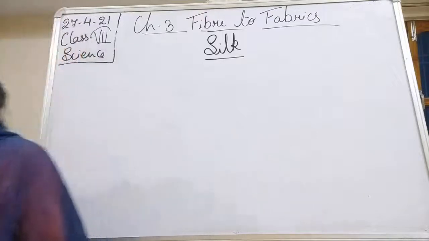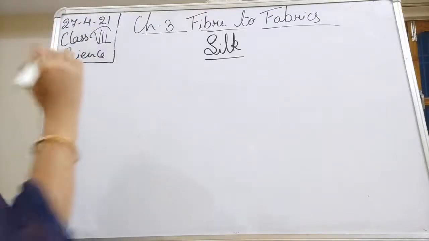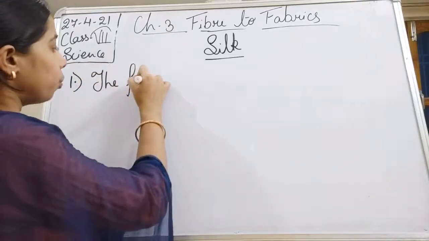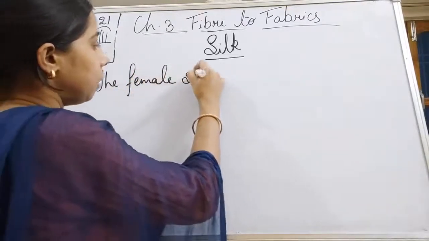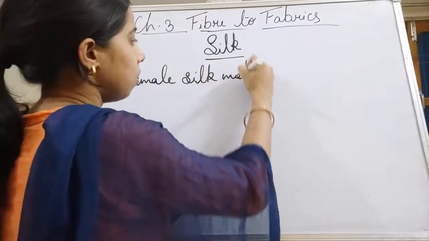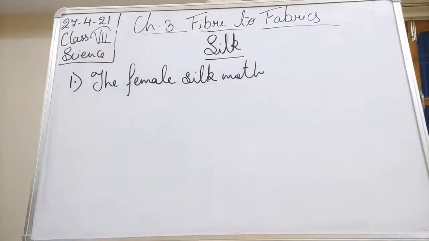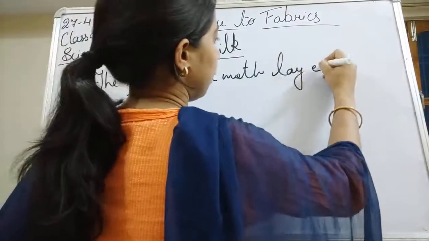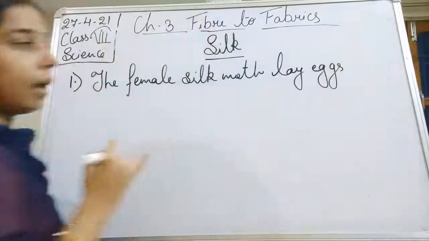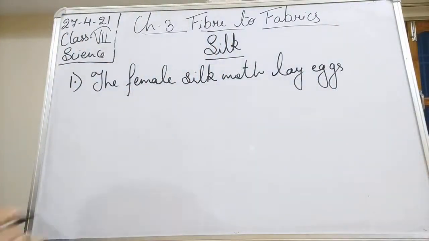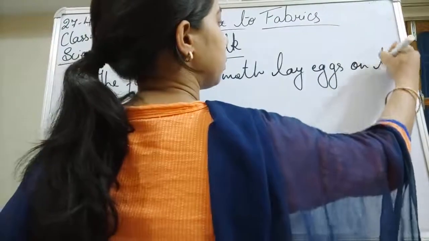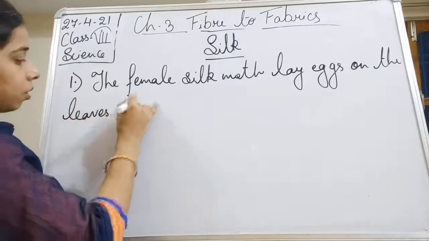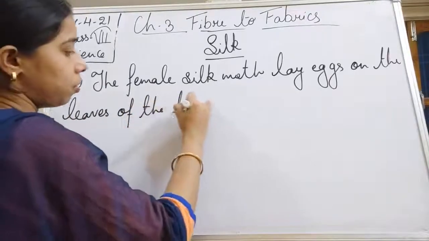Now let us write all these things with points. So what happened at first, student? The female silk moth lays eggs on the leaves of the tree.